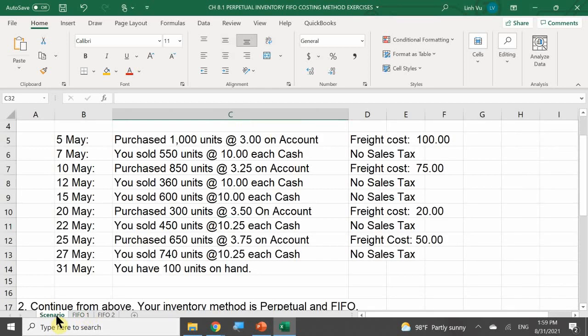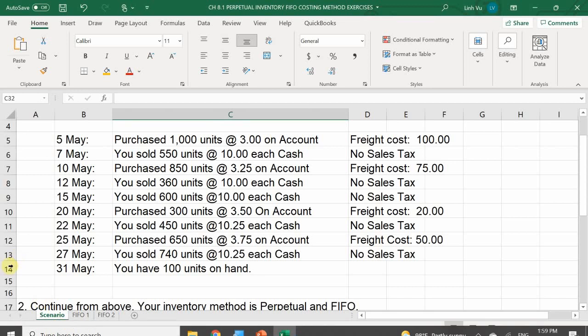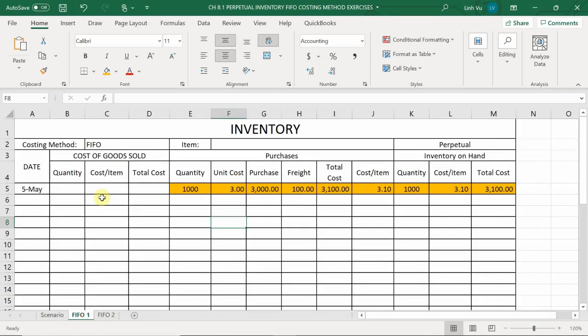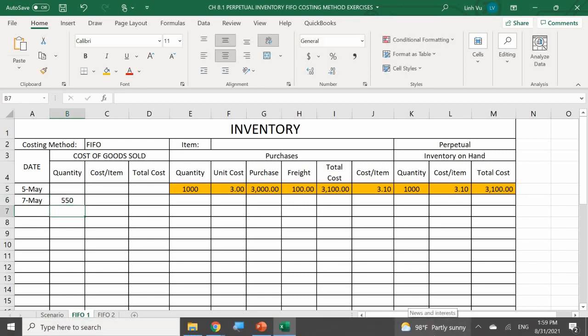So then on May 7th, you end up selling 550 units at $10 each. So 550 units is what we're going to sell. In this case, it's May 7, and we're going to go into the cost of goods sold section, which we know to be that we sold a total of 550 units.